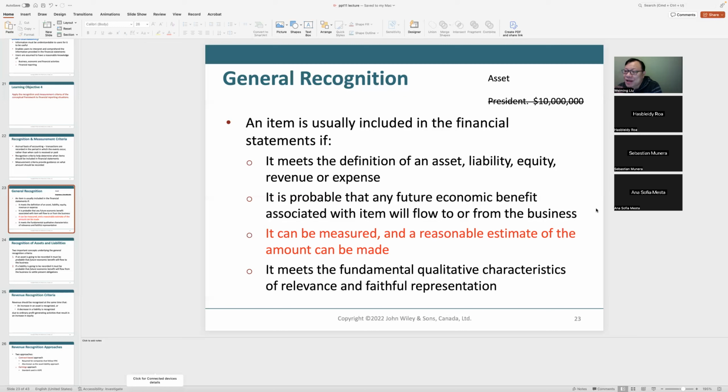What you are saying is that right now he owns this much money, but that's the value of his cash. We are asking about the value of this person. We cannot assign a reasonable estimate number to this person, right?